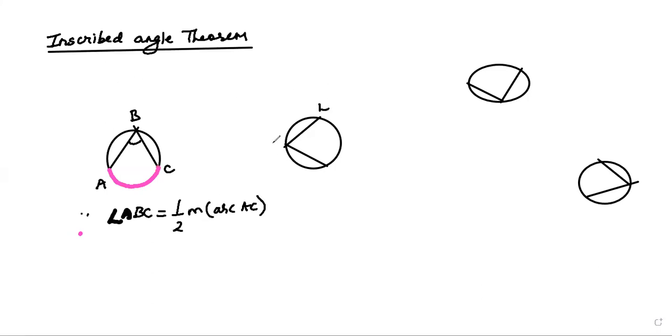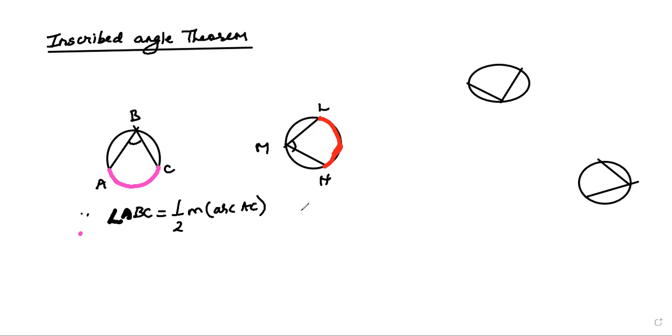Again, children, look at this angle LMN. This is an inscribed angle, and arc LN is an intercepted arc. So naturally, what should come to your mind, children?